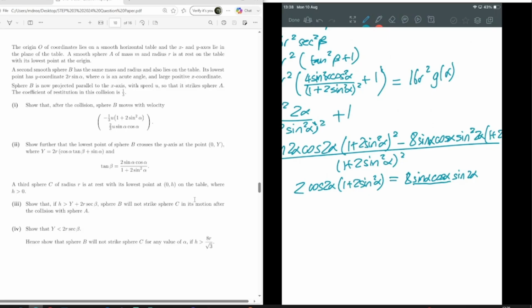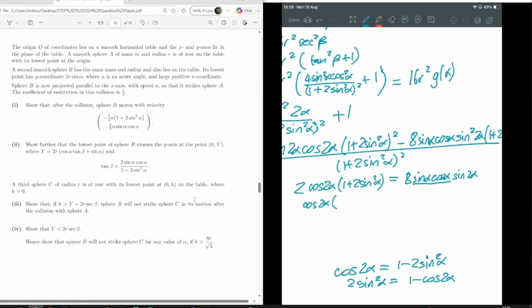It's not quite the right identity. Cos 2 alpha is 1 minus 2 sine squared. So the 2 sine squared can be written as 1 minus cos 2 alpha. So do I want to do that is the thing. Well, I can cancel the 2's out. So this is going to be cos 2 alpha.